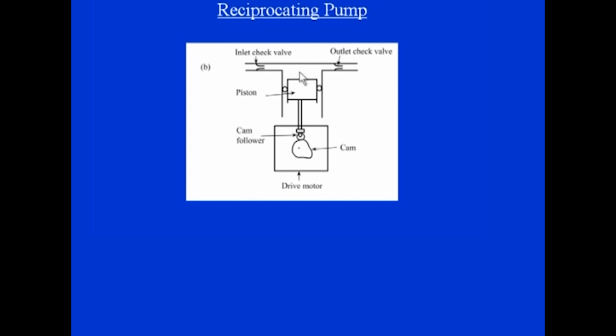The eluent will be forced from the pump chamber to the outlet valve and to the column, and during the return stroke, the exit check valve closes and the eluent is drawn in via the entry valve, that is the inlet valve.